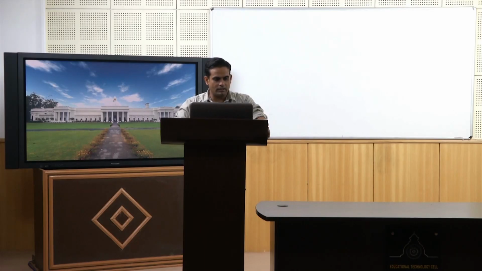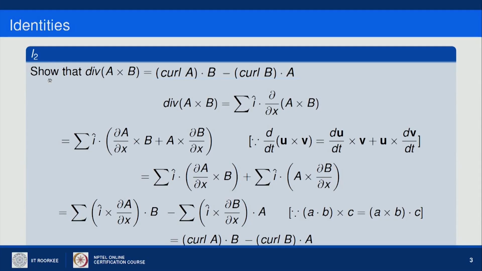The next identity we are going to prove is to show that divergence of vector A cross vector B, the cross product of A and B, equals curl A dot B minus curl B dot A. So here divergence of A cross B is written in this short form, and this short form is saying that the i component of this divergence can be written in this way.